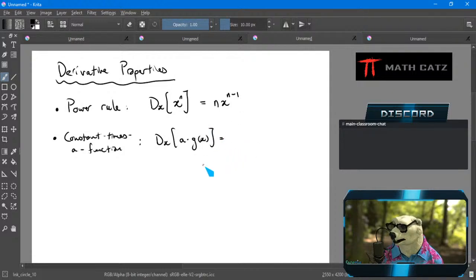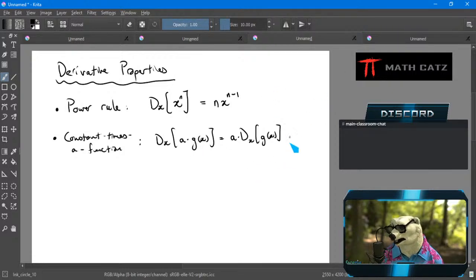It simply says that if I have a number in front of the x stuff, that number can stay in front and I can focus on the derivative of the x stuff, what I call the essence of the function. The essence of the function is determined by where the x's occur, where the variable occurs, not the constant in front. Okay.